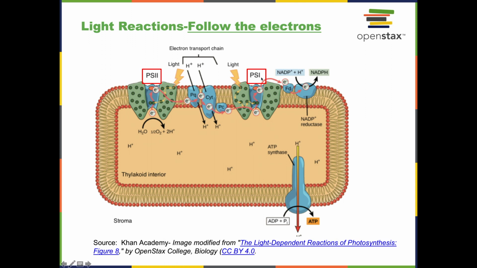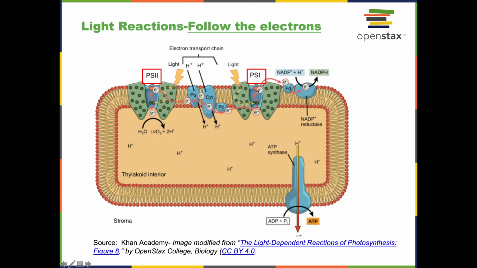Okay? All right. So what happens to the electron after it passes the electron transport chain? Now it brings us to photosystem 1, which is the second photosystem that is in line. So again, light hits on the chlorophyll, and then the energy transfer goes into the reaction center, and these chlorophyll molecules capture the energy of light, and they again lose their electrons to the reaction center.